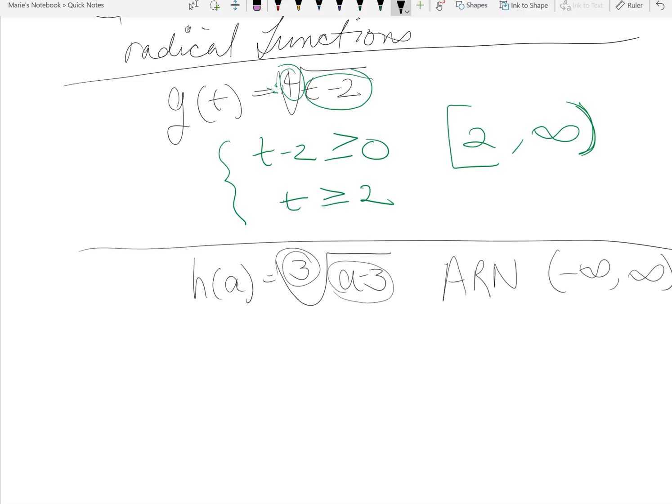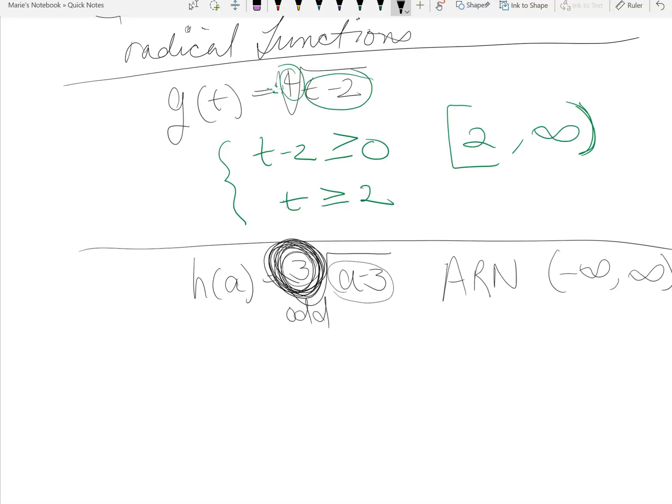That's the answer. All real numbers, which is from negative infinity to positive infinity. Again, just to solidify this explanation, that number, look at where I'm circling, has to be odd.